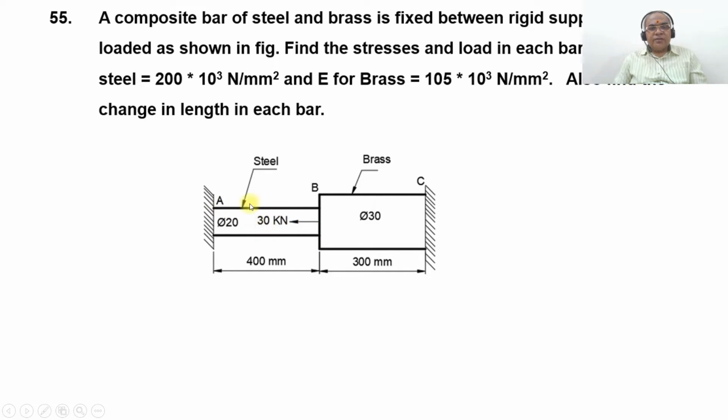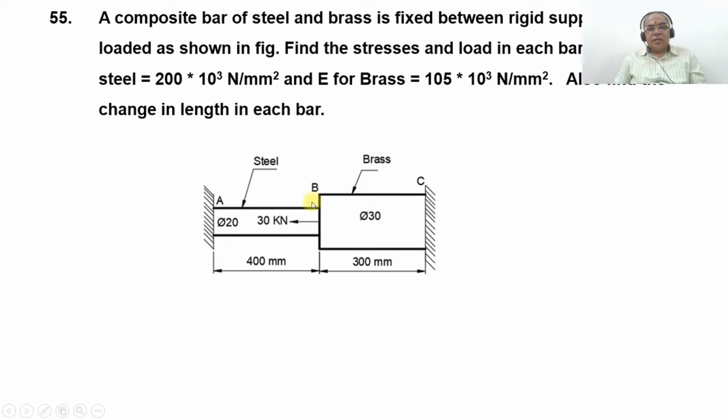When you are considering the section AB, this is going to become a compressive load, and in order to keep this body in equilibrium, you are going to have a reaction acting towards the right side from A. But when you are considering the segment BC, this is going to become a tensile load, which is acting towards the left side.